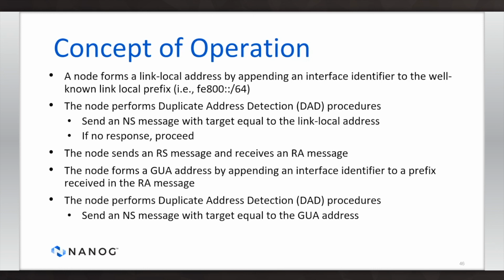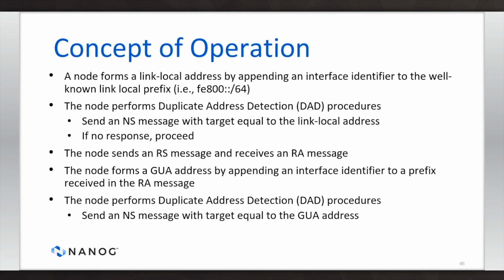So it knows that all link local addresses start with FE80. It then picks 64 bits at random, and forms an address. And it says, I would like to be this address. Now, the odds are very strong that there is not another node on link with the same address, because 2 to the 64th is a really big number.